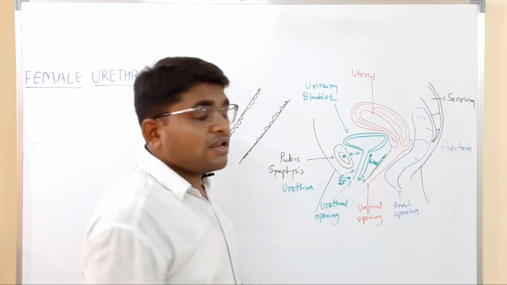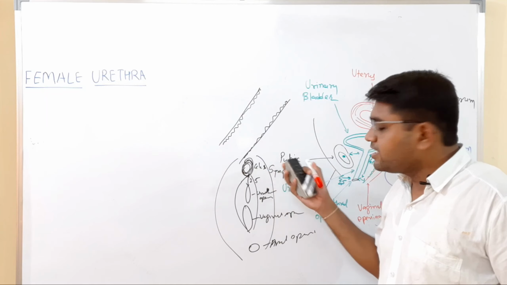The glans clitoris is present here. 2.5 cm behind the glans clitoris is the urethral opening, behind the urethral opening there is the vaginal opening, and behind the vaginal opening there is the anal opening. So all structures are like that.